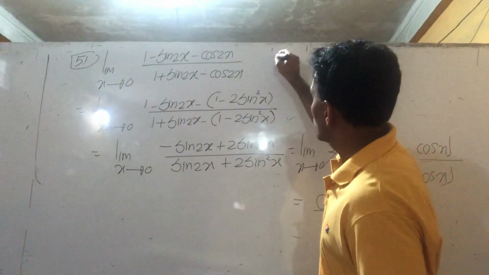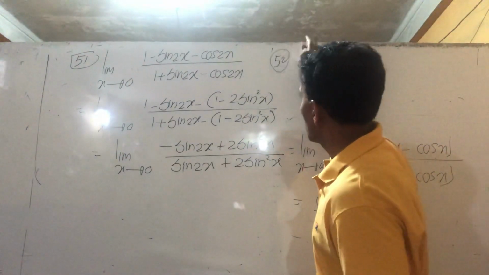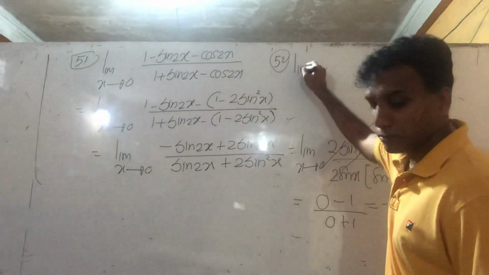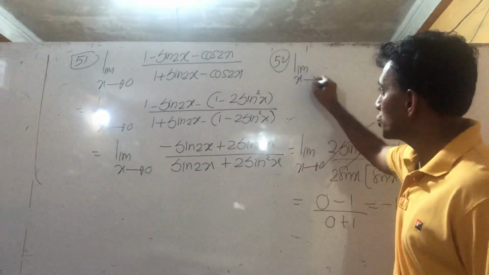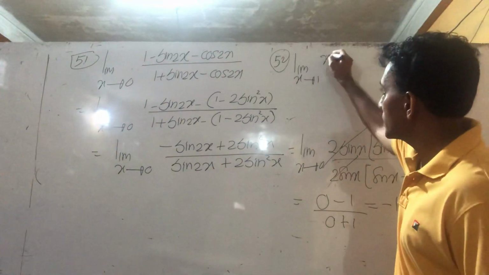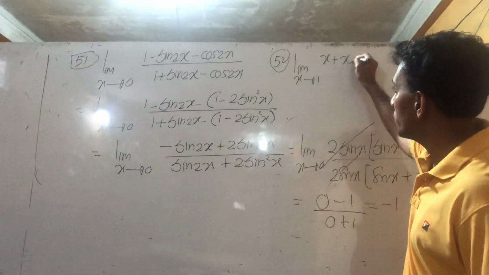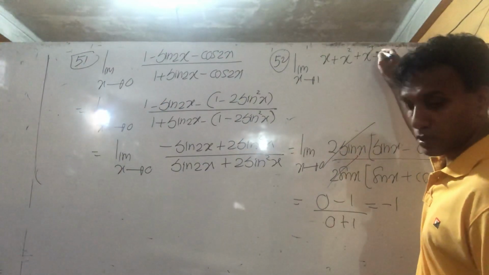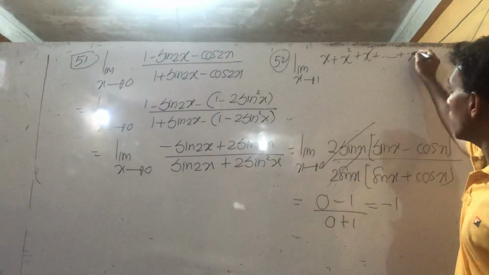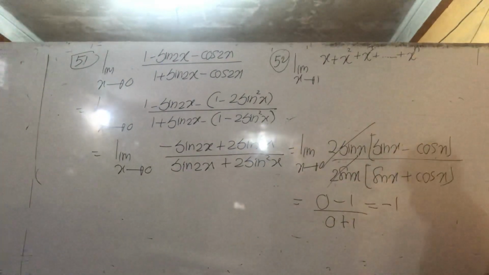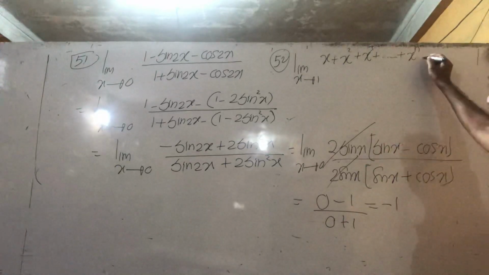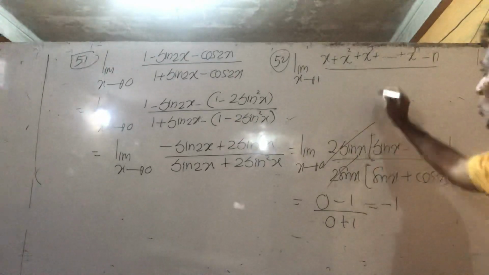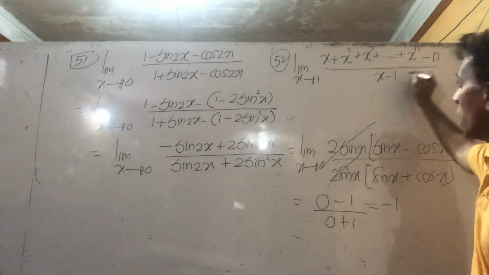See next question, problem 52. Limit x approaches 1, x plus x square plus x to the power 3 and so on plus x to the power n, minus n, over x minus 1.